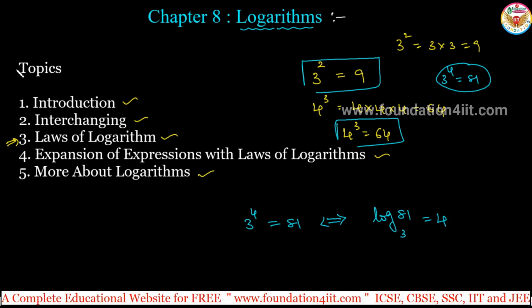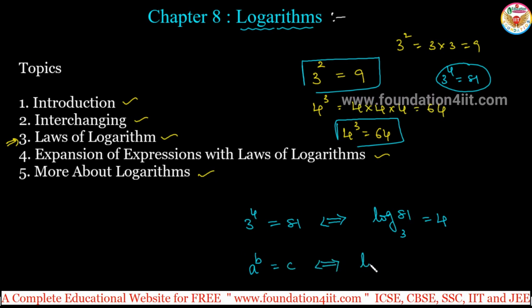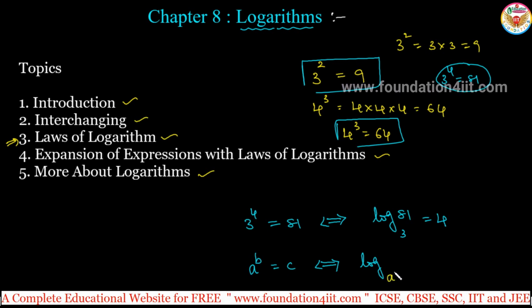Let us take one generalized formula, like a to the power b is equal to c. This is in exponential form. To convert into logarithmic form, just write the word log. Here a is the base and b is the power. So the base is a, and the same base a we keep here, for log also to the base a.